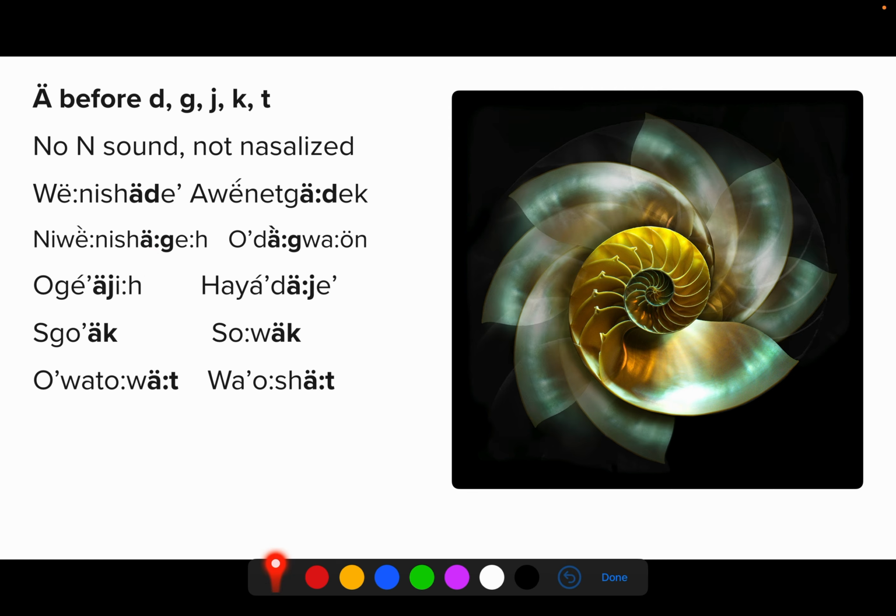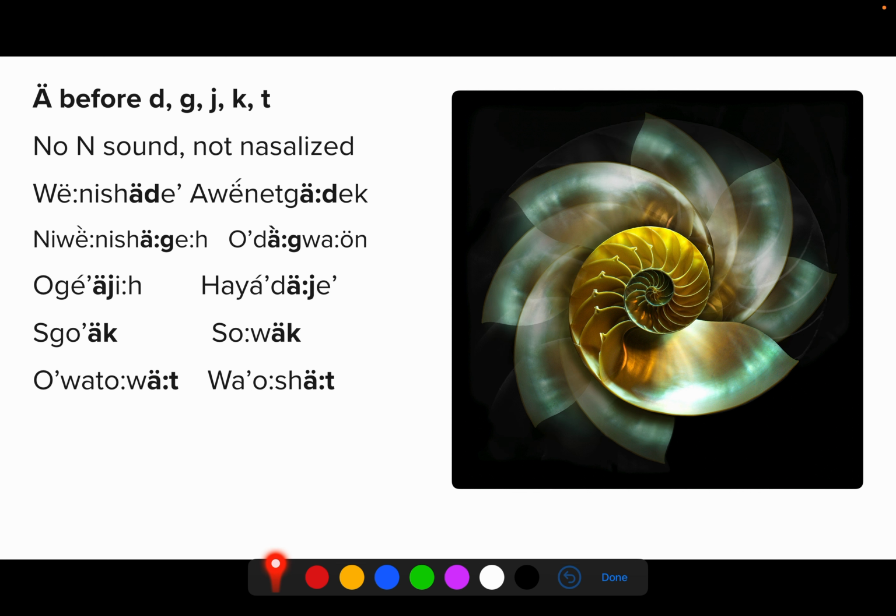Before a G: niwanis hagi, like number of days. O dagwown, it's like a grave. O get edgy, black hair.